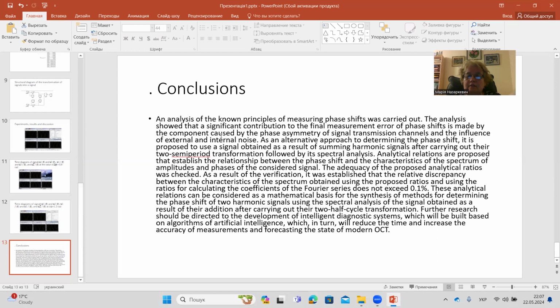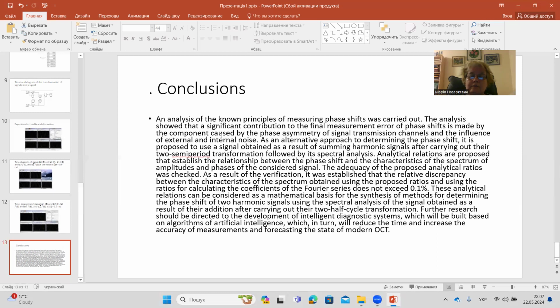Analytical relations are proposed that establish the relationship between the phase shift and the characteristics of the spectrum of amplitude and phase of the considered signals. The adequacy of the proposed analytical relations was checked.